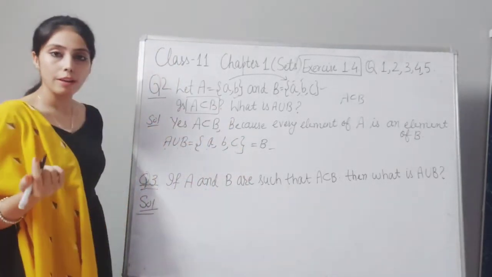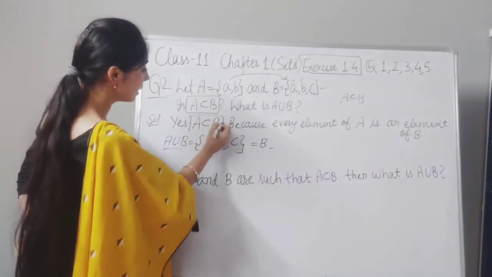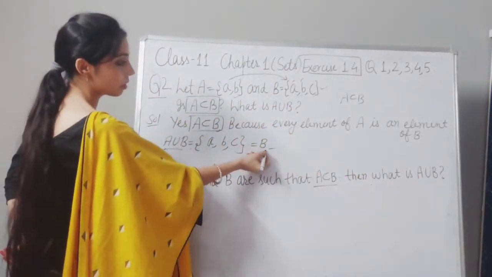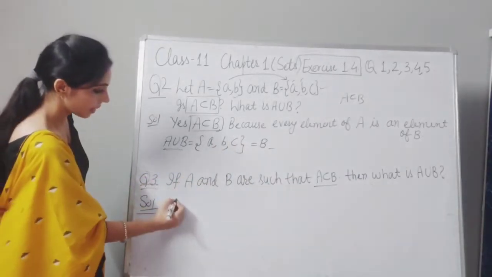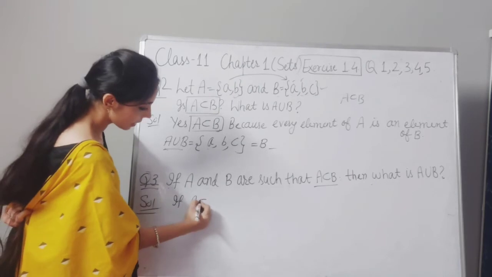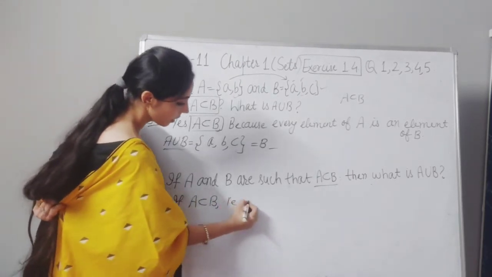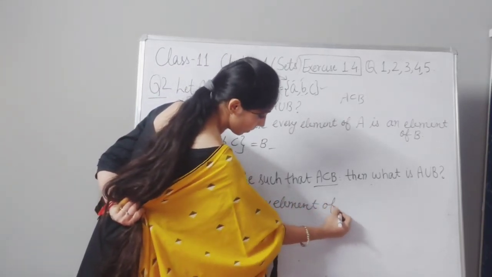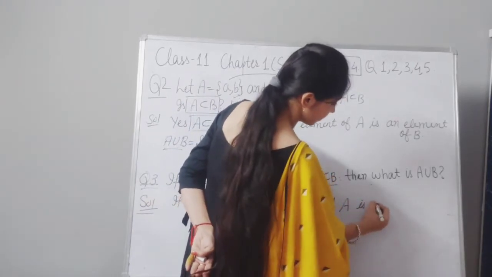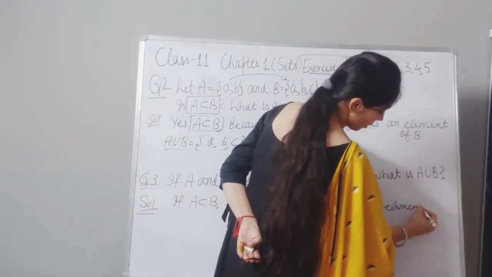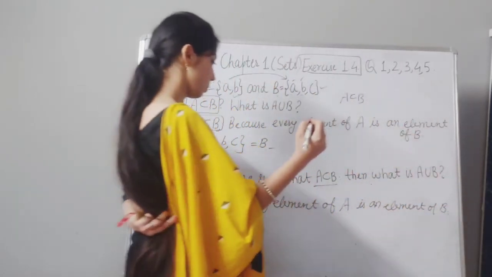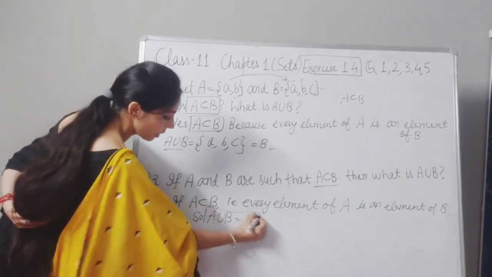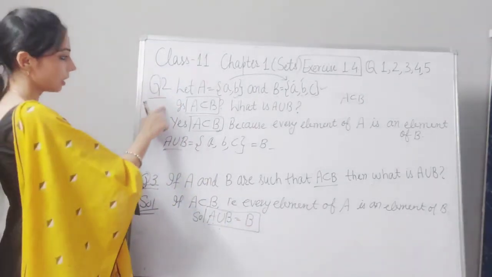In the previous example, we had the same condition, that A is contained in B. Then A union B is equal to B. So we will simply write it as, if A is contained in B, that is, every element of A is an element of B, then A union B will be the bigger set. Okay. We can prove this by this question.